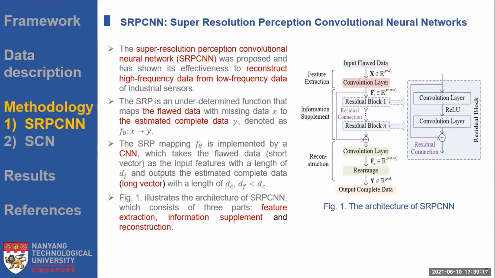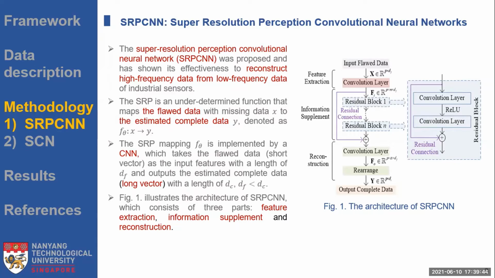Then I will give a brief introduction to the two machine learning models. The first one is the SRP-CNN. The full name is Super Resolution Perception Approach, Convolutional Neural Networks. This SRP-CNN was initially proposed to reconstruct high-frequency data from low-frequency data of industrial sensors.